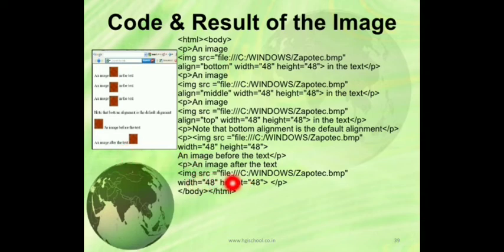Then img src zapotec.bmp, width equals to 48, height 48. Then the picture will be displayed and the paragraph closed. But here, if we want the image on the left side, we can write align left. If we want the image on the right side, we can write align right. So there are 5 types of alignments.